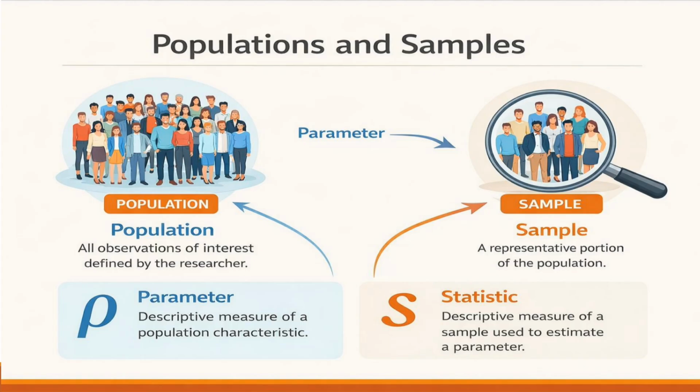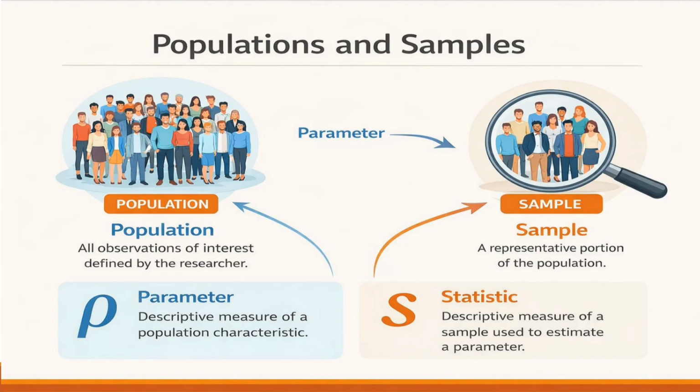Now, let's clearly understand four basic terms. First, population. A population includes all individuals or items you're interested in. Example, all undergraduate students in a university, all customers of a company, all households in a city. Second, parameter. A parameter is a numerical value that describes the population.